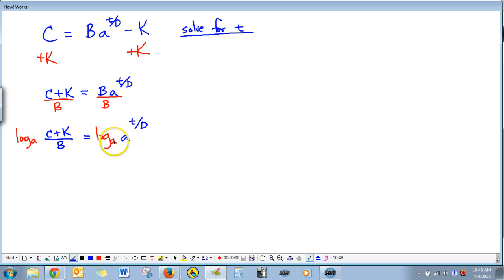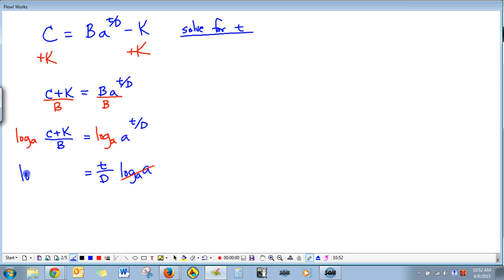The base a log of a to the t over d is just the t over d, the exponent comes out to the front, t over d times the base a log of a, which is just 1. So t over d times 1 is just going to be t over d.